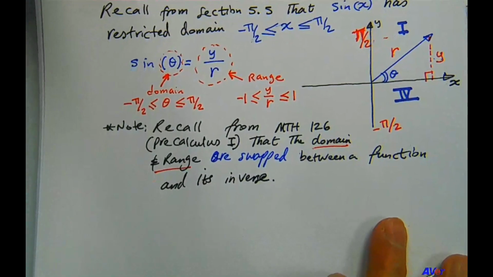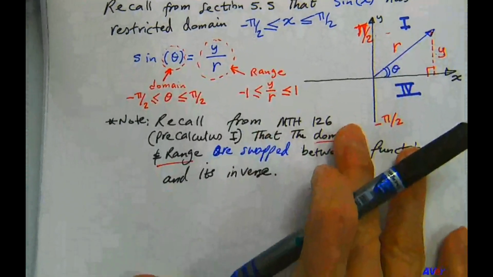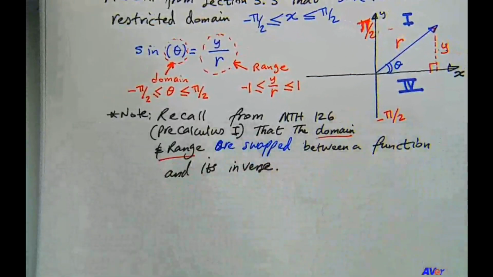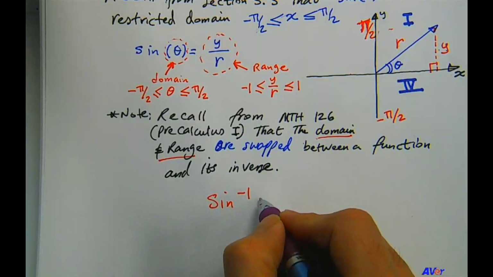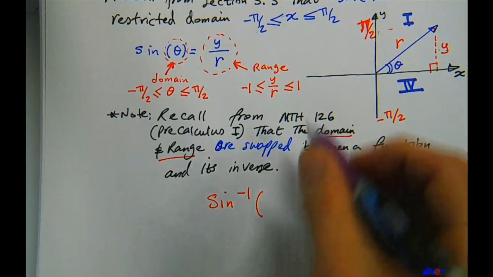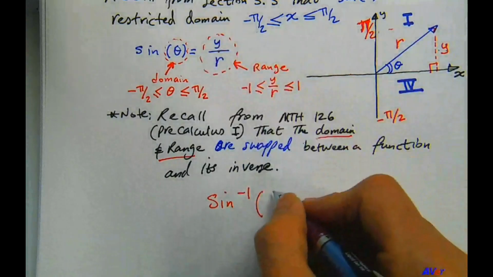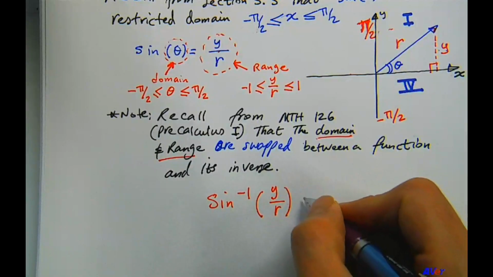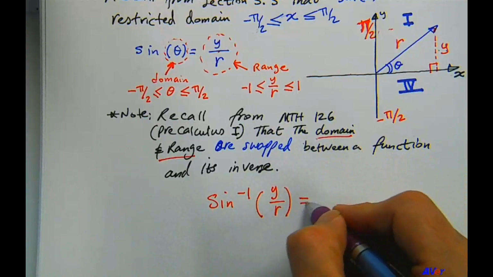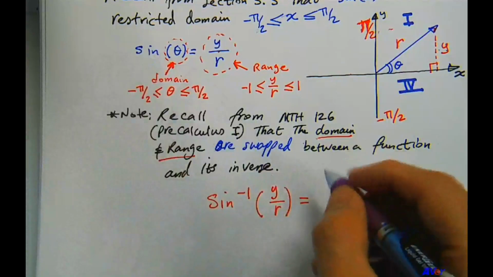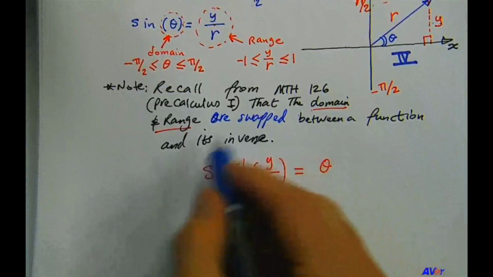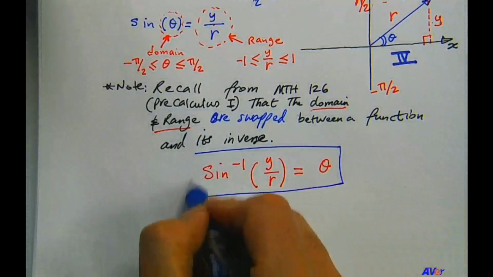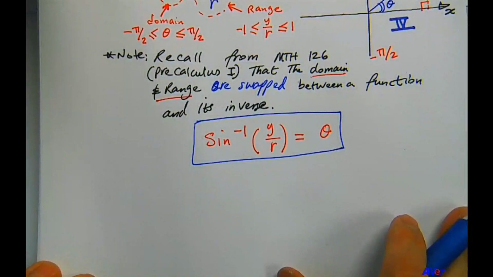So what does that mean? Take a look at this. When we write the inverse sine function, the range over there becomes the domain here, y over r, right? The domain in the sine function becomes the range here, theta. Very important to remember when we write down the inverse trigonometric functions.